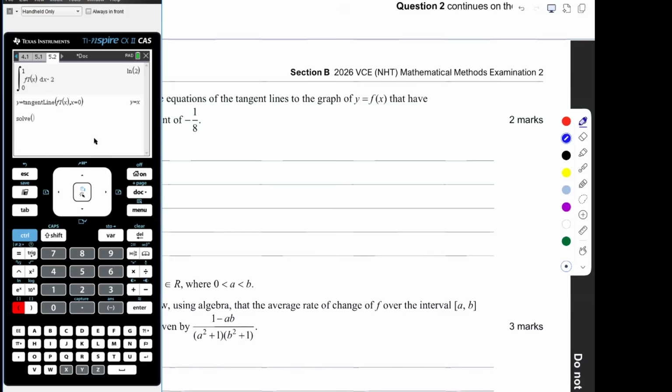So we first solve the derivative of f equals -1/8 for x. So we will have f dash of x equals -1/8, giving x equals plus or minus √3. Then we can say at x equals minus square root of 3 or at x equals √3.